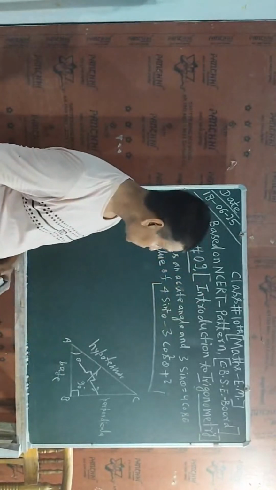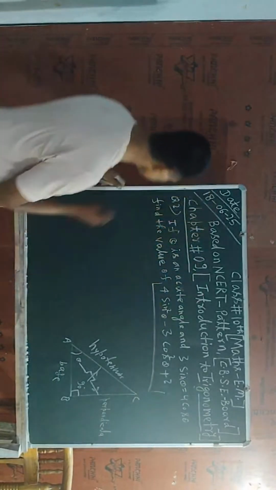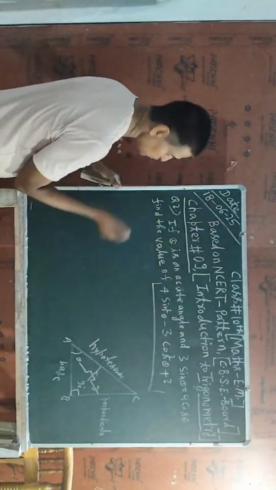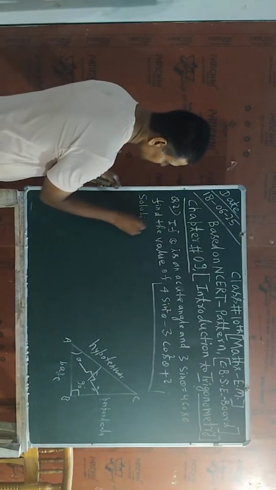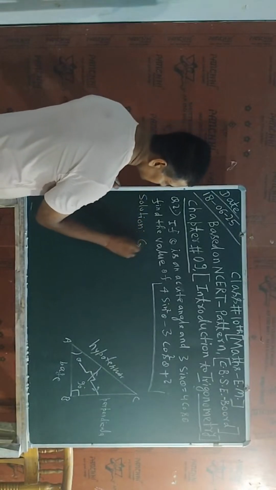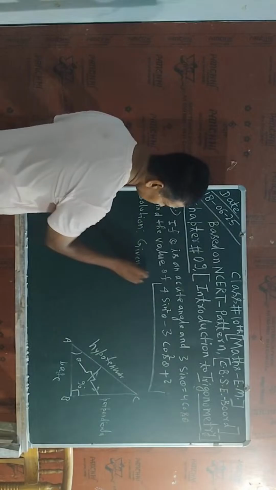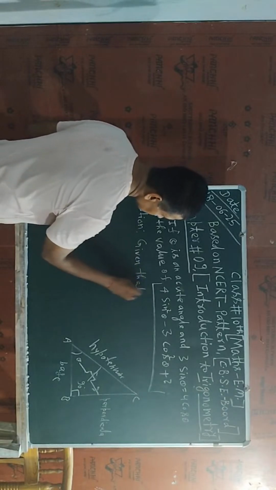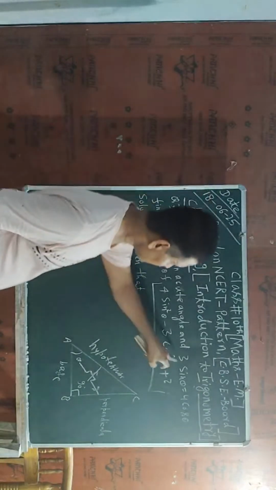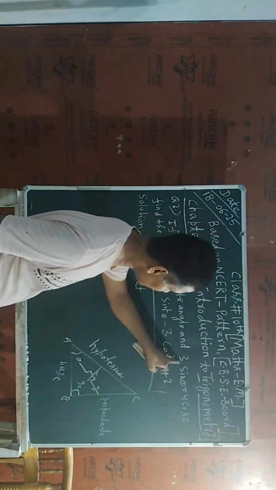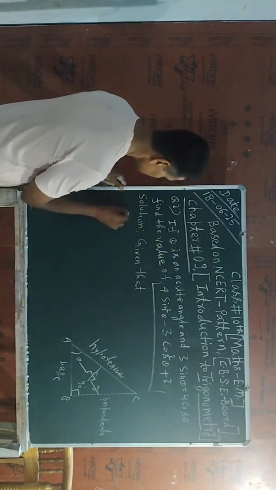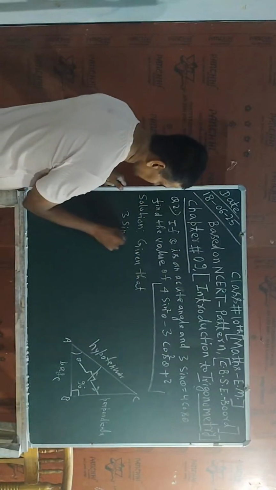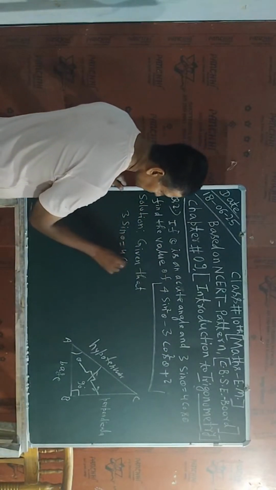First of all, I will write solution, and after writing solution, I will write given that. The information given is 3 sin theta is equal to 4 cos theta.